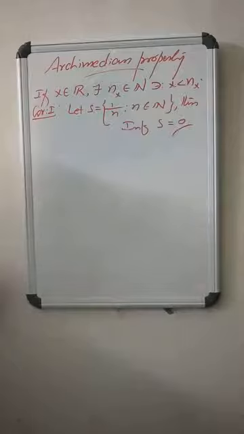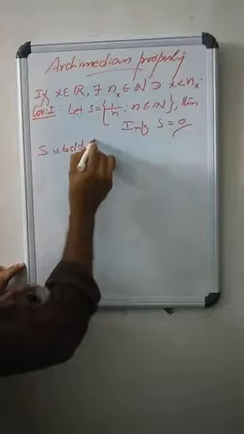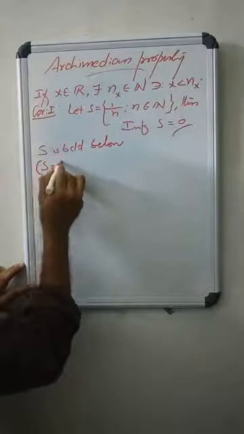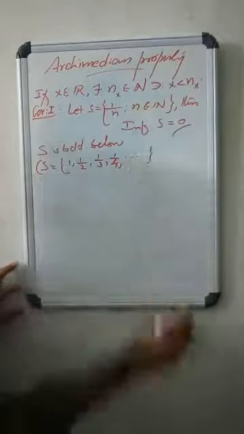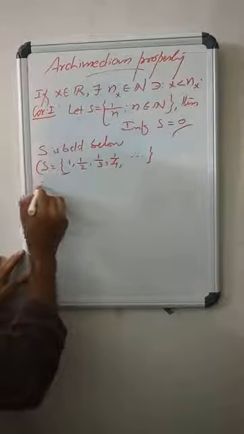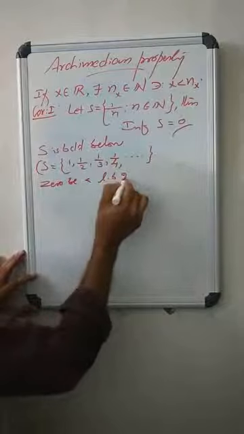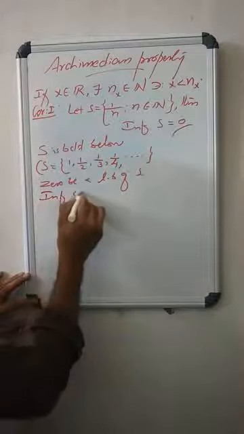How? According to the construction, S equals the set of all 1 by n, where n is a natural number: 1 by 2, 1 by 3, 1 by 4, etc. Clearly S is bounded below, it has a lower bound, and let 0 be a lower bound of S. Since it is bounded below, by the infimum property, the infimum of S exists. Let the infimum of S equal some lambda.